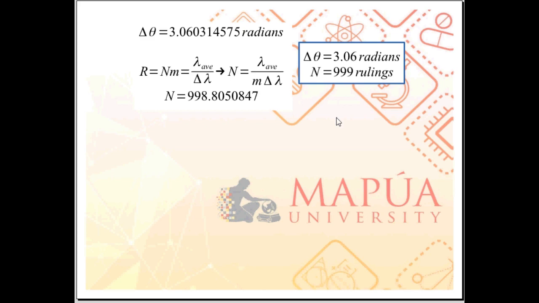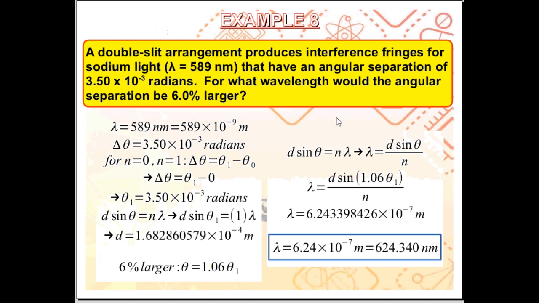Next up, we have example number 8. You have a double slit arrangement which produces interference fringes for sodium light which has a wavelength of 589 nanometers. This produces an angular separation of 3.5 times 10 to the negative 3 radians.